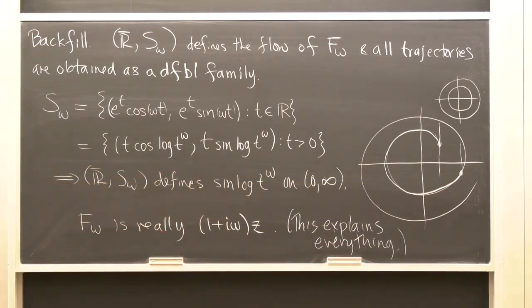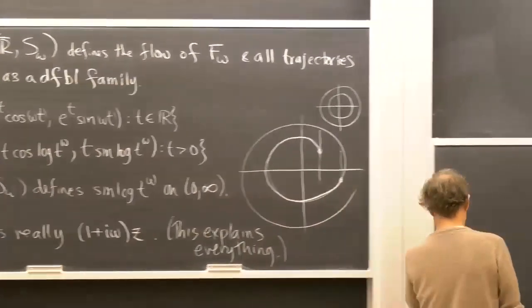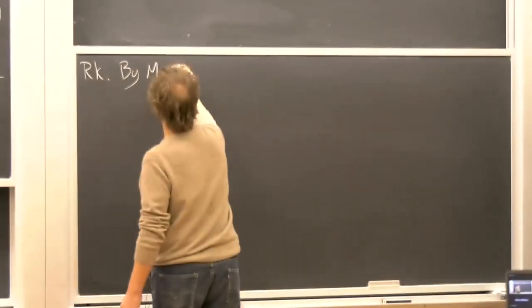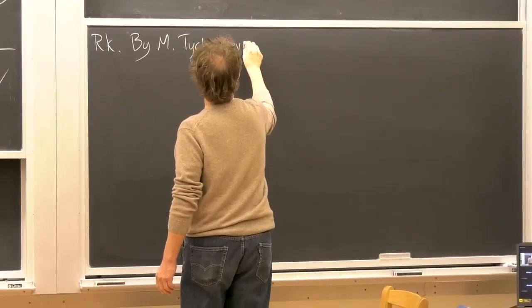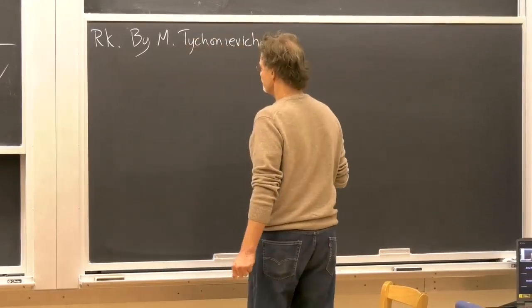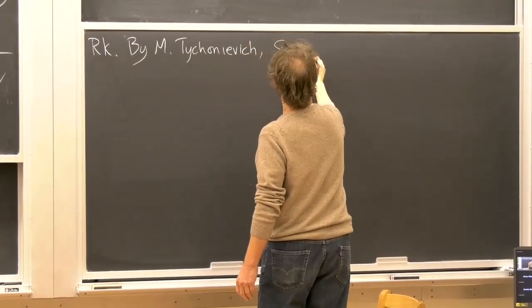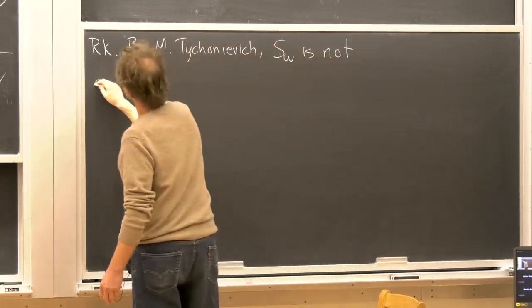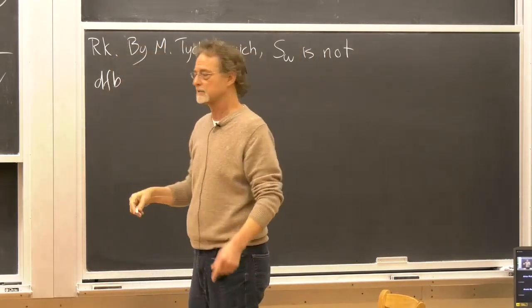Oh, there's a remark I want to make here while I'm at it, by a former student of mine. It's a reasonable question. The log spiral itself is not definable just from its intersection with the x-axis.